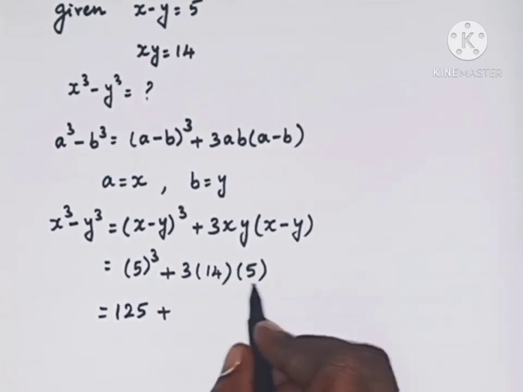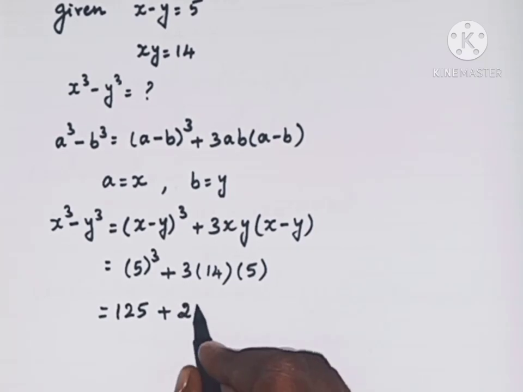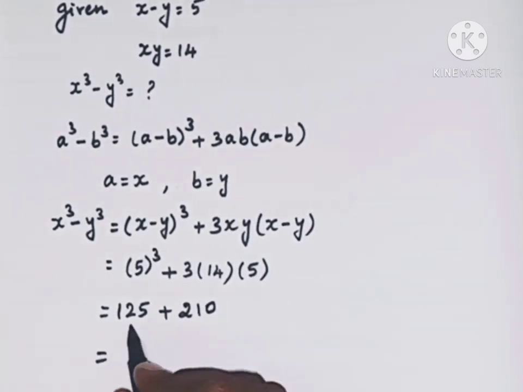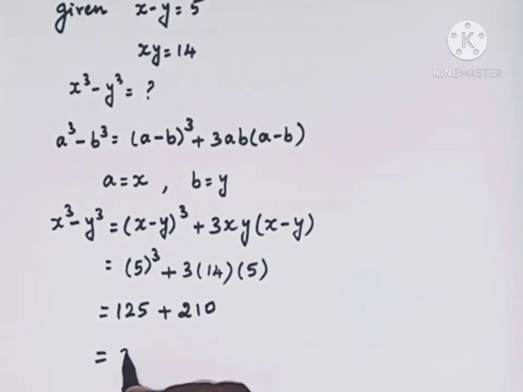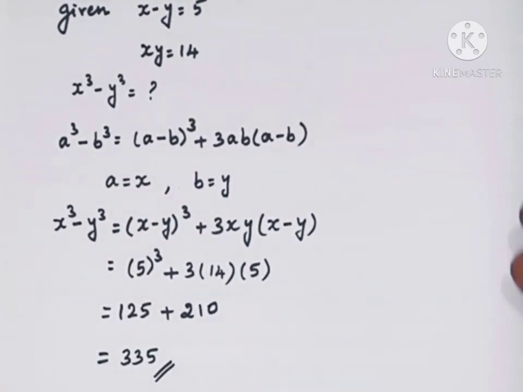Plus 3 into 14 into 5 is 210. So adding these two values, 125 plus 210 is equal to 335. This is the answer for the 8th sum.